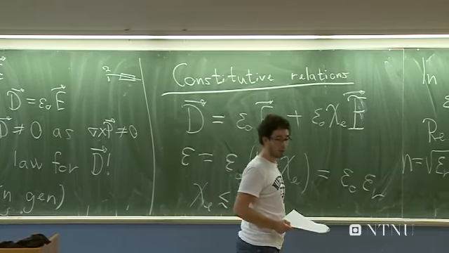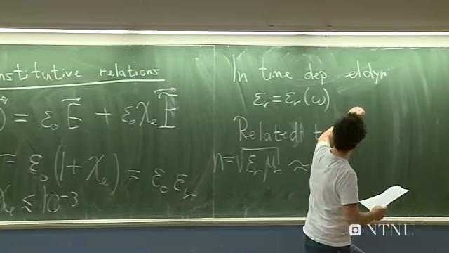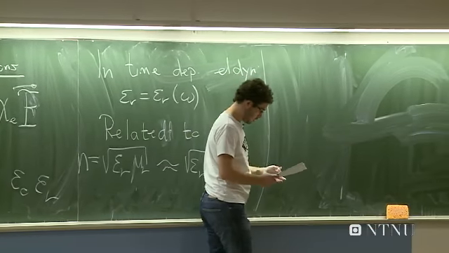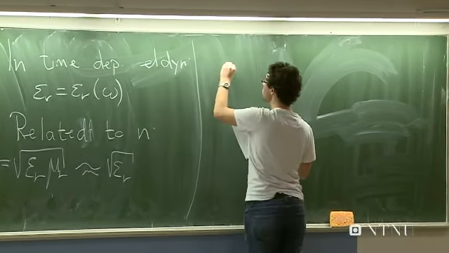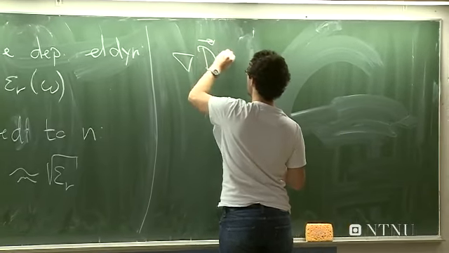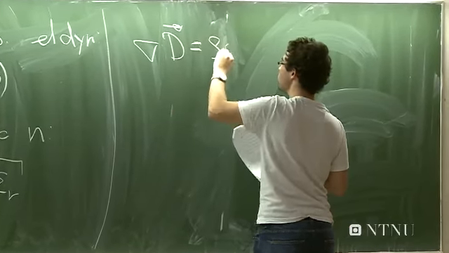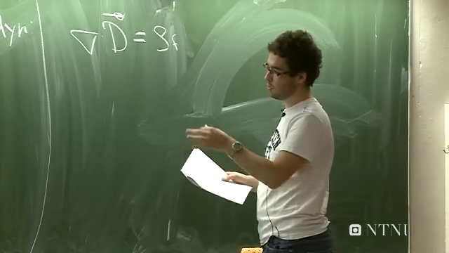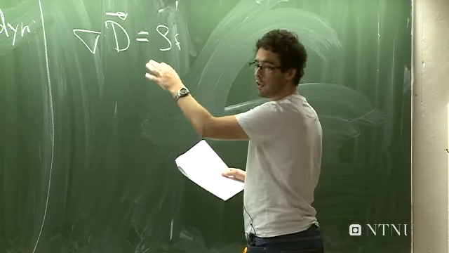And in this linear case, I can just write down the following equation. Of course, I can just rewrite this in terms of the E field now because the D and the E are proportional.